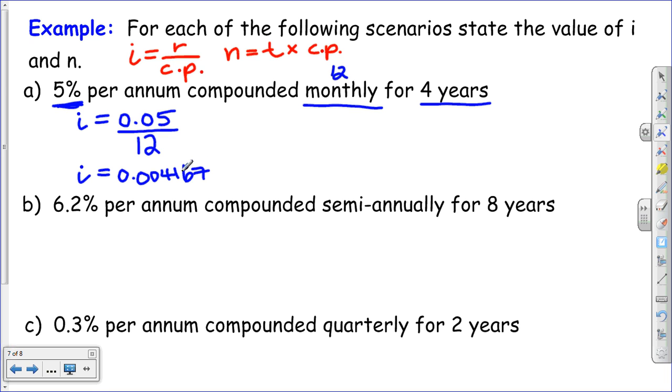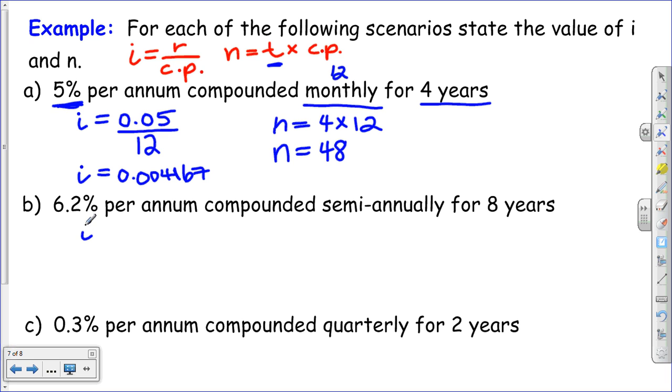If the decimals keep repeating, which I believe this one continues as 6666, you want to try to keep at least 4 numbers other than 0. So beyond the 0, keep 4 digits. You'll get a much more accurate answer when you calculate the accumulated amount. N is your time in years, so T here, which is 4, multiplied by your compounding period, which is monthly, which is 12. So N would just be 48.